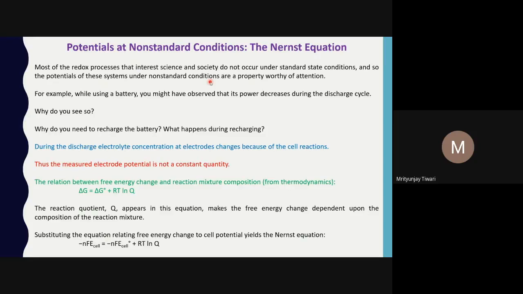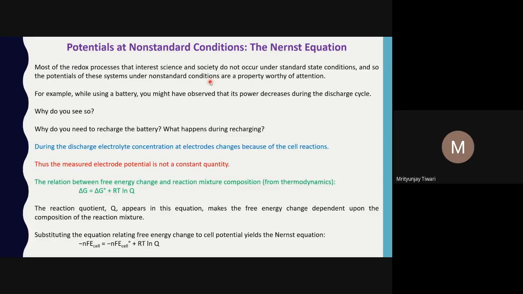And most redox processes that interest science and society do not occur under standard conditions. They do not always occur in standard conditions, because the temperature is not always 25 degrees; the natural temperature is different at different places. So we considered 25 degrees, but in reality these standard conditions are not there.